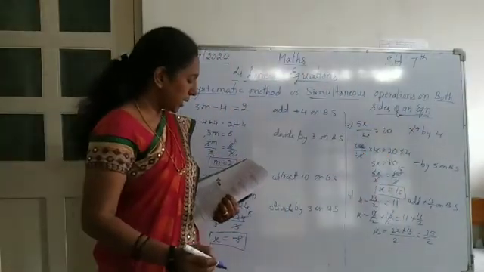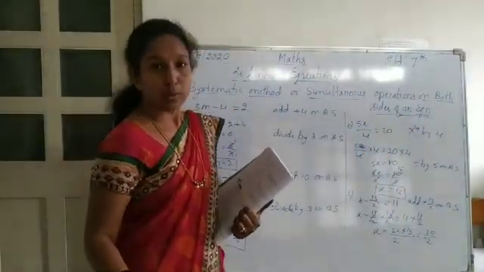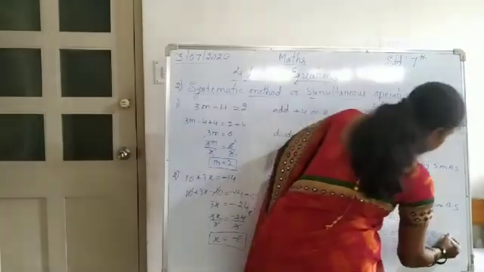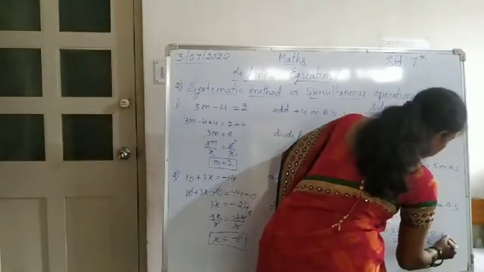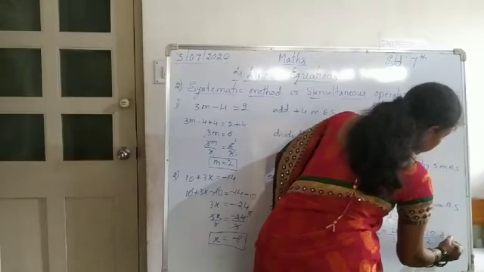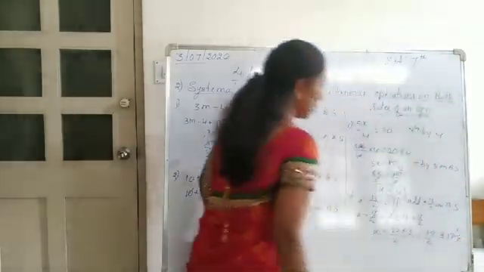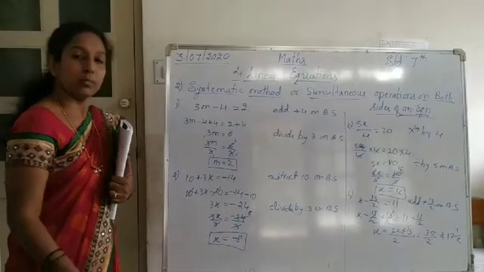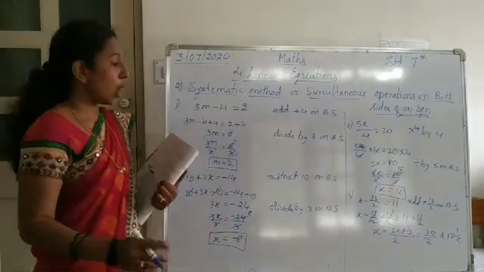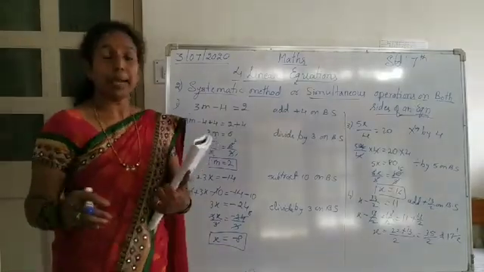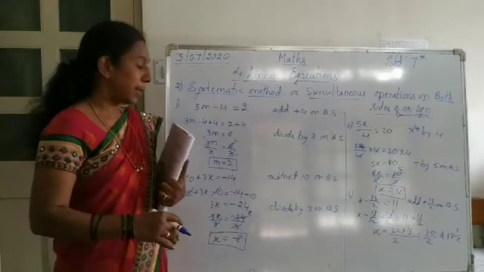This one we can write as 17 1 by 2 in a mixed fraction. Okay. So like that we can do. This is how we have to solve by using the systematic method.